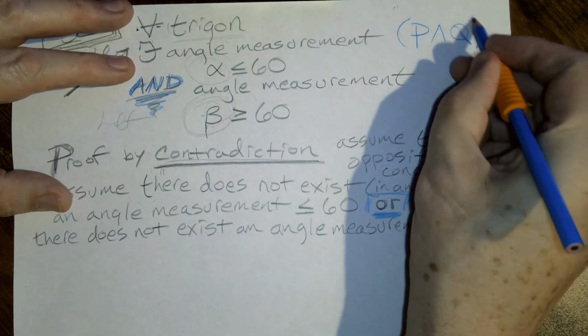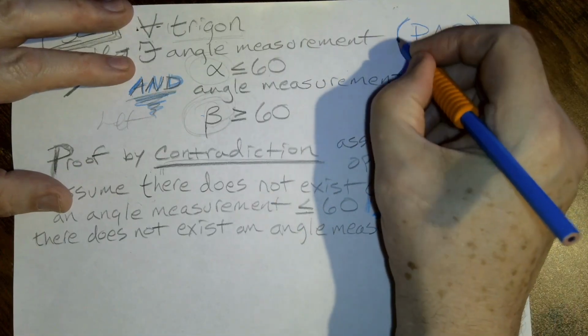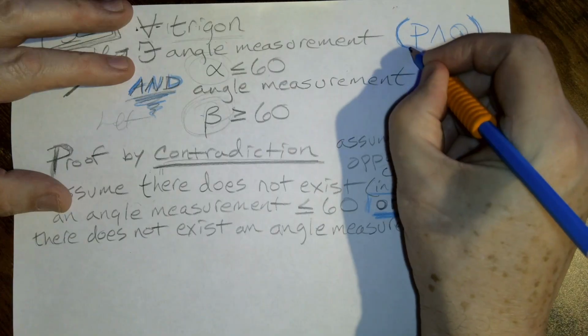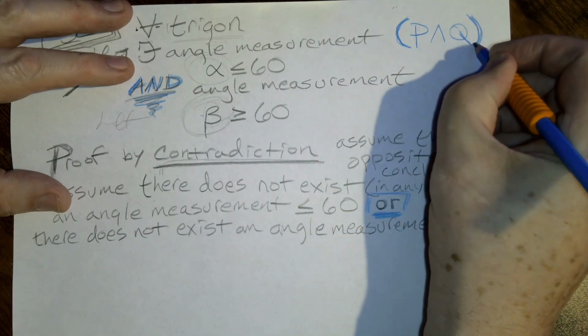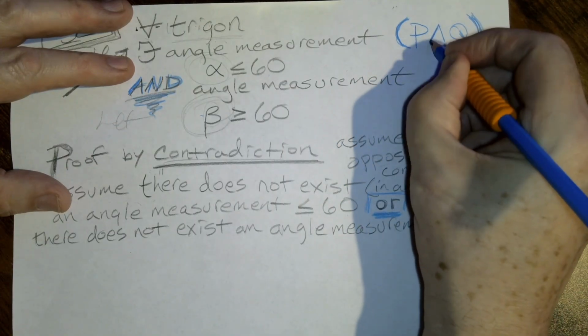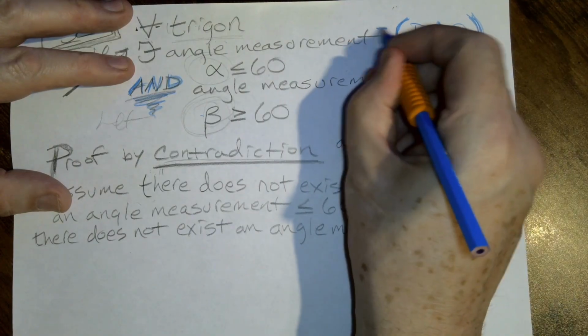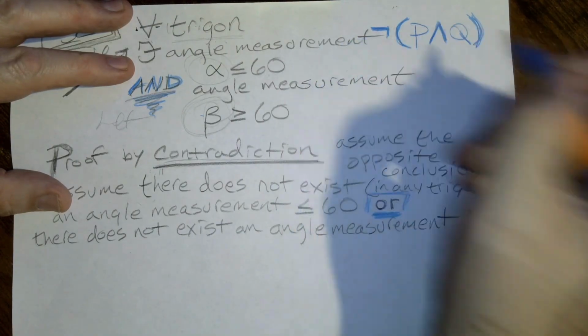So we want to negate that. To negate the compound statement, let's talk about the whole thing. We'll wrap it in parentheses here because we're talking about the and part of it. And we negate it, so that symbol goes in front.